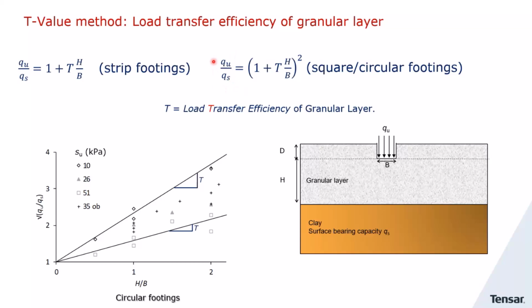What we can see here is simply the ratio of the acting pressure divided by the bearing capacity is equal to the T value, multiplied by the ratio of the thickness of the layer and the width of the acting force.